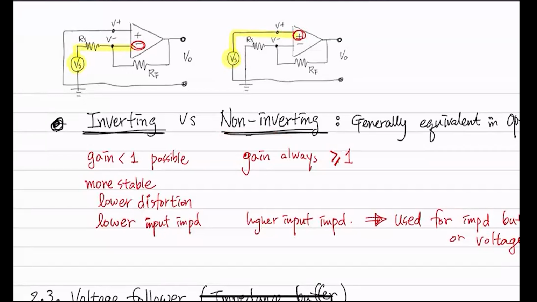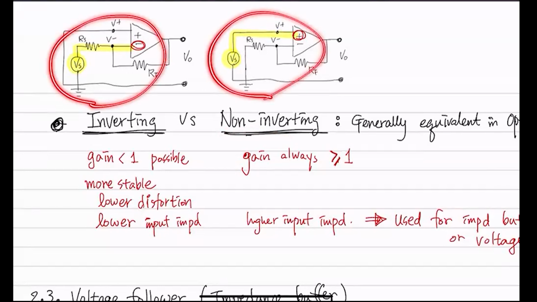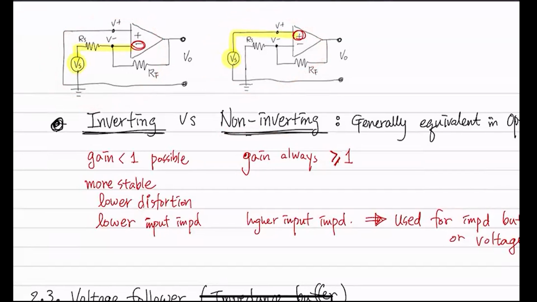It's like this, okay? So that's a simple way to tell whether this is an inverting or non-inverting amplifier. Of course, it needs to have a negative feedback, and generally it has a resistor connected, and generally in the output it has also a resistor. That way you can measure your V out, okay?